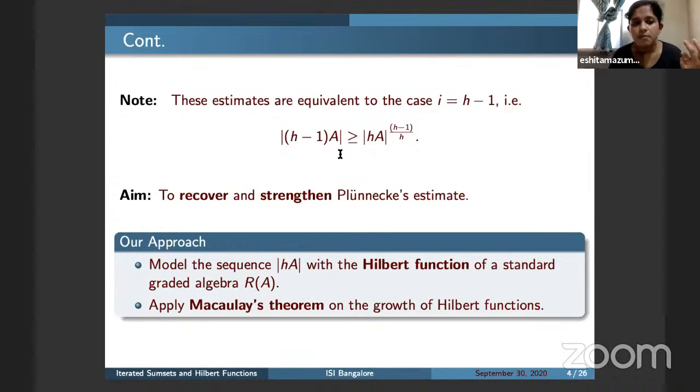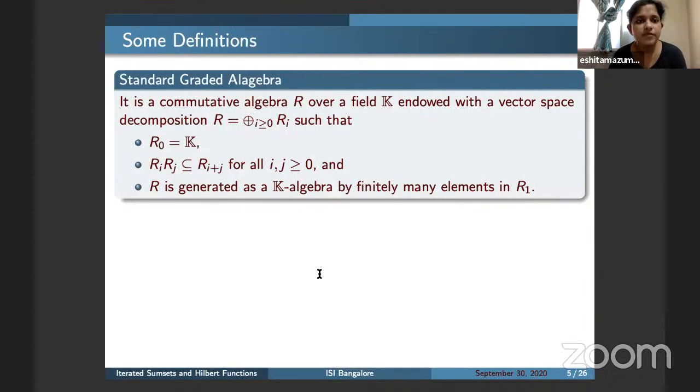Now, before seeing how we construct this standard graded algebra, I would like to introduce some definitions. The first definition is the standard graded algebra. Suppose I have a commutative algebra R over a field K, so that R can be written as the direct sum of R_i's, and each R_i is a vector space over the field K. We can say that this R is a standard graded algebra if three conditions hold.